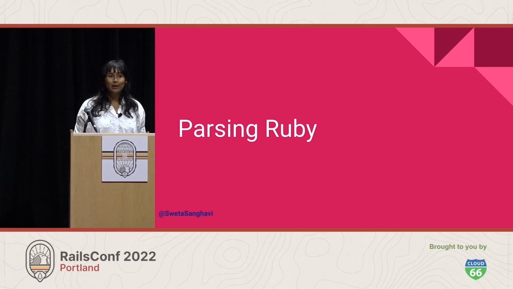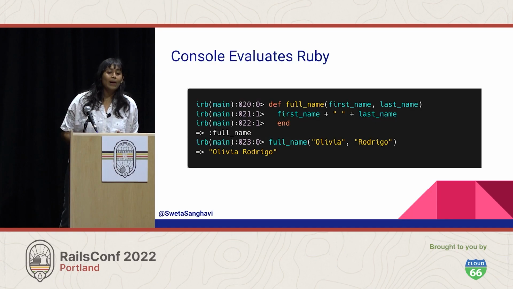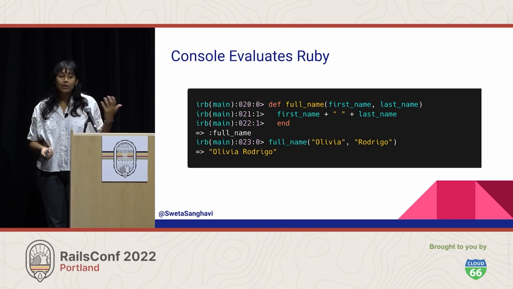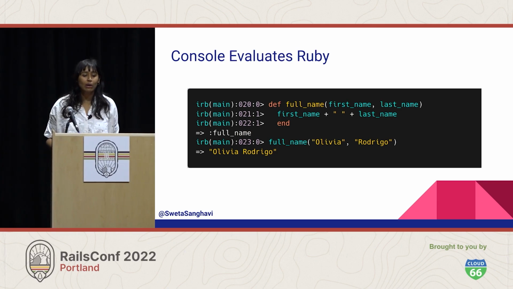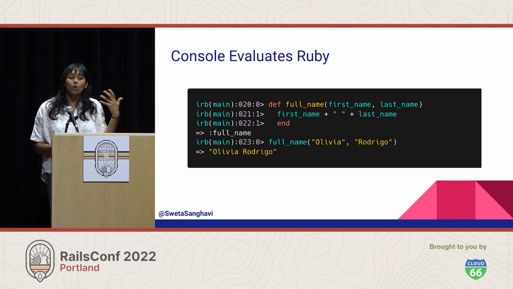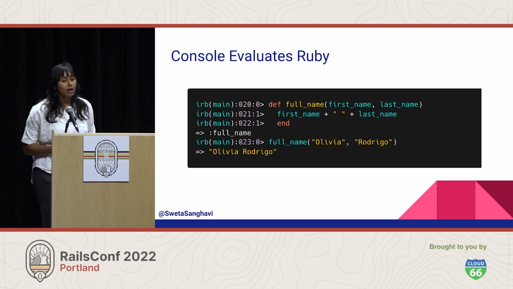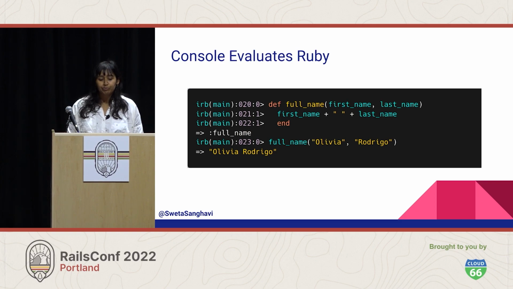The next feature I want to talk about with the console is parsing Ruby. If we go back to our full name example, we see that you're actually able to evaluate Ruby code in the console. So the console needs to parse and evaluate that code. How does that happen?